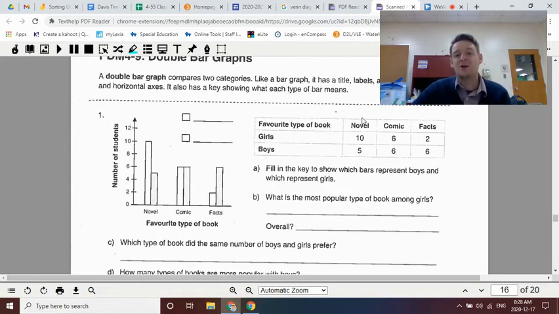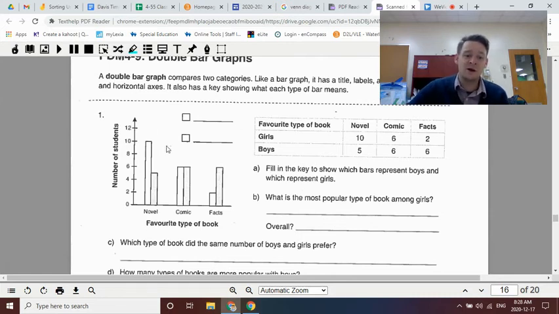So we have novels, comic books, and fact books. But instead of just making bars for novels, comics, and facts, the teacher or whoever made this graph broke it down even more into girls and boys. So we now know that the girls' favorite books are novels, and the boys' favorite books are actually facts.